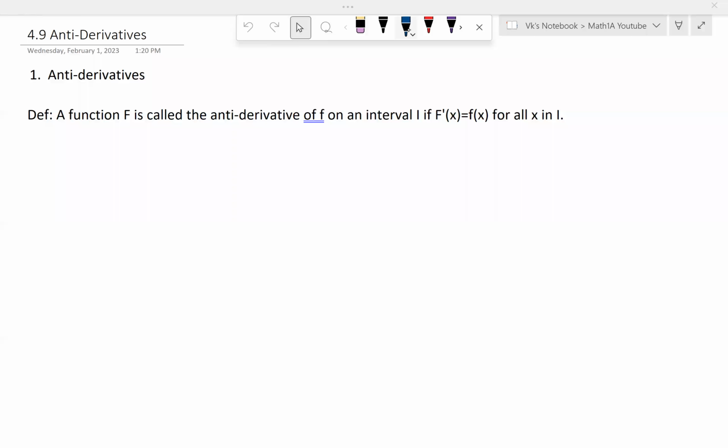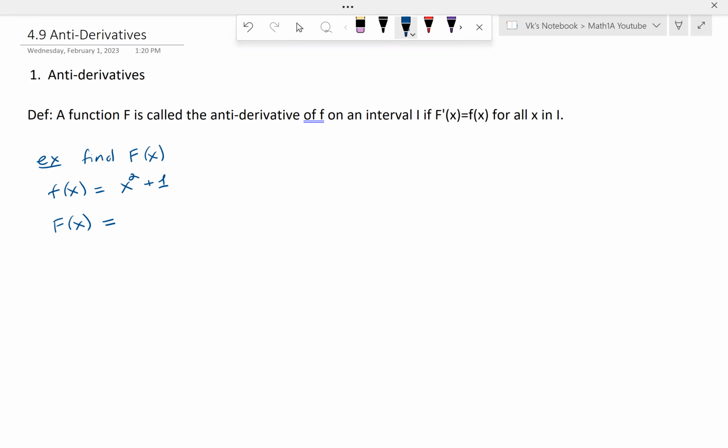Let's take a look at an example here. Example, f of x is x squared plus 1. The antiderivative is going to be a function so that the derivative of that function is f of x.